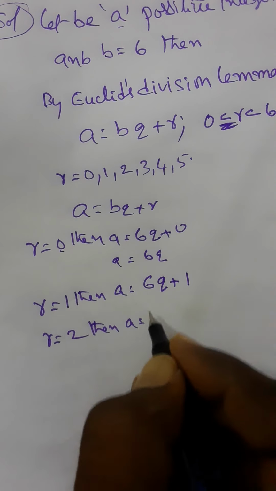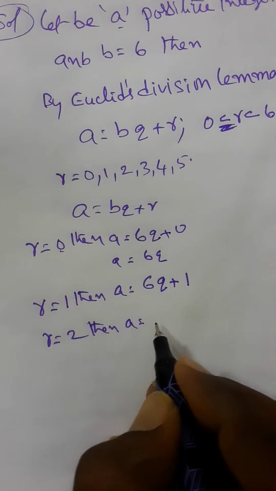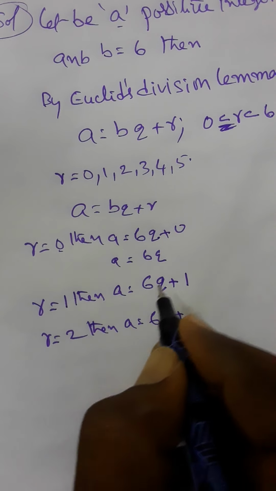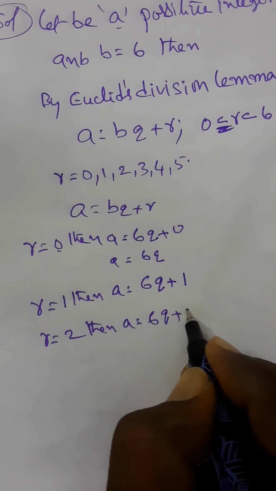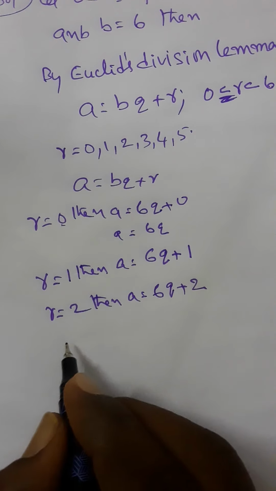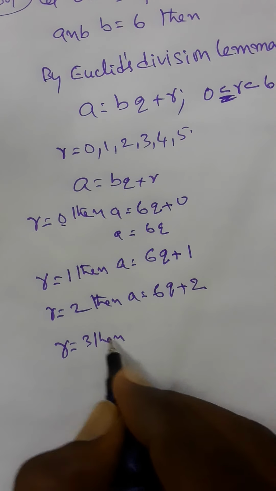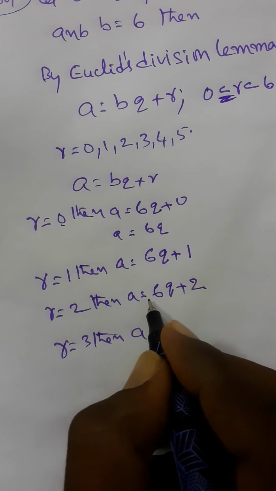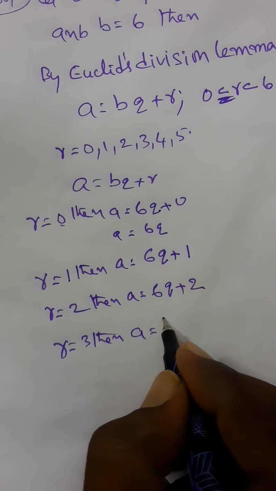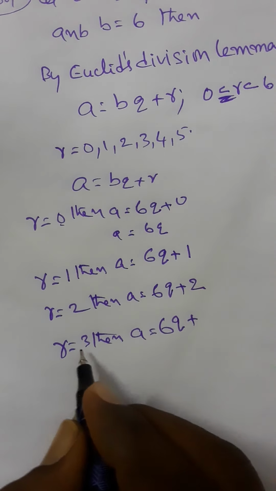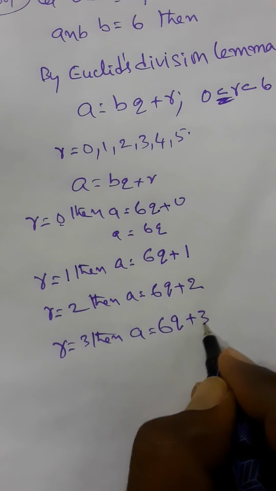a equals bq plus r, b means 6, so a equals 6q plus 2. Next, r equal to 3, then a equals 6q plus 3.